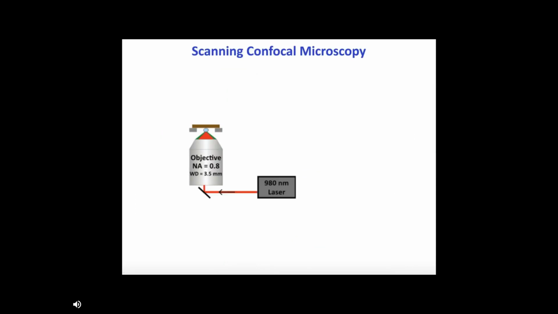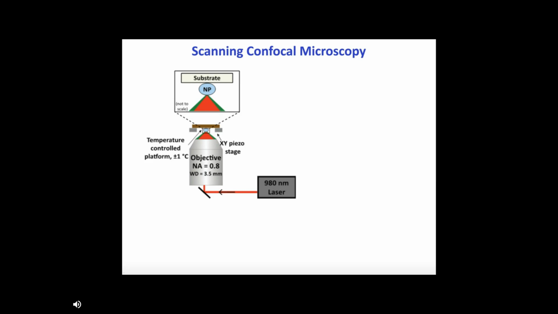Next, I'll just discuss briefly how we perform these measurements and then show some of the results. So we perform these measurements using a custom scanning confocal microscopy system. And we begin by focusing a near-infrared laser using a high NA objective. And this focused laser beam then excites a single nanoparticle, which sits on both a piezo-controlled nanopositioning stage and a temperature-controlled thermal stage.